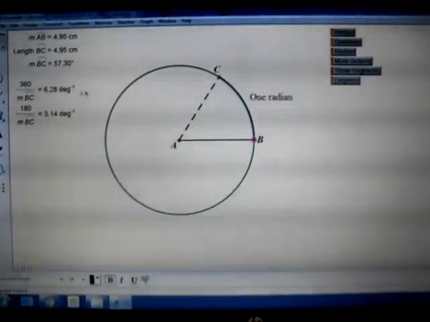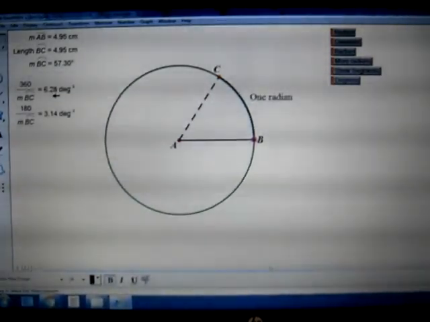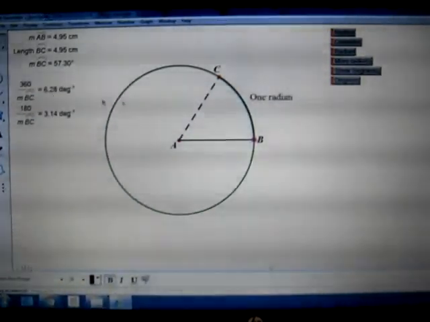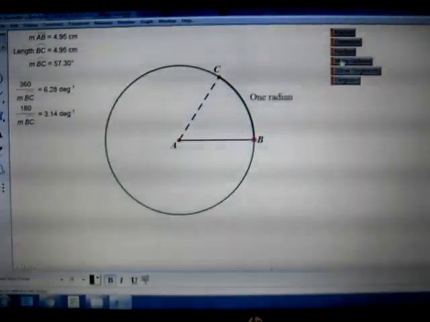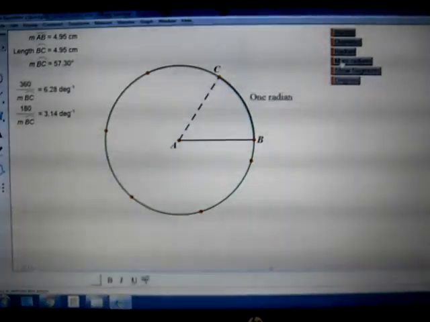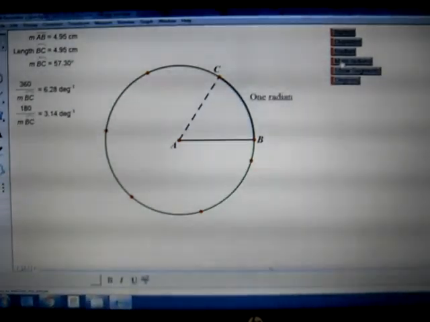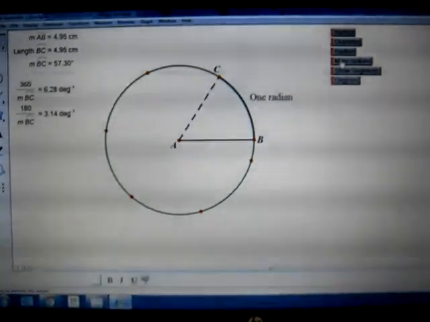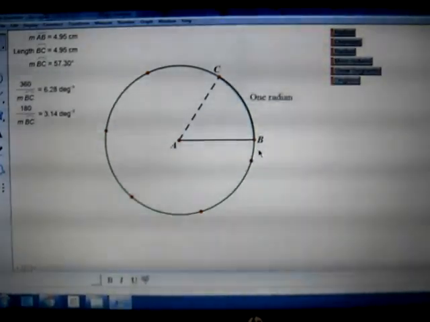And here's a calculation that shows that it's 6.28. If I put in more radian around the circle, you can see that there would be 6 sections plus a little bit extra. That little bit extra would be our 0.28.